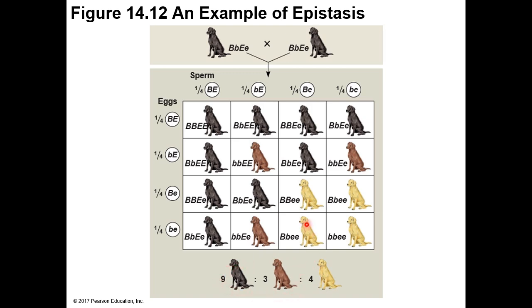The second gene, gene E, is going to affect whether gene B is going to be expressed or not.